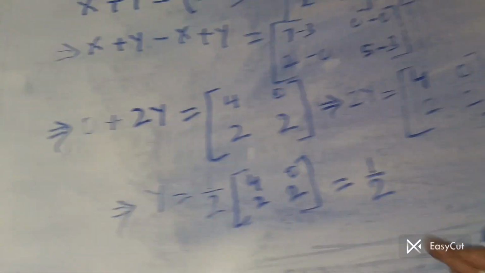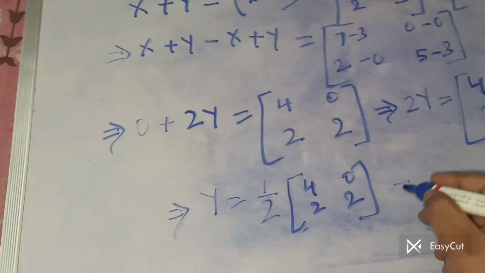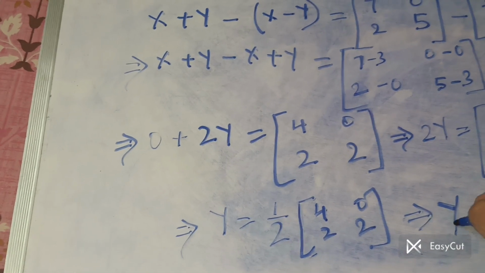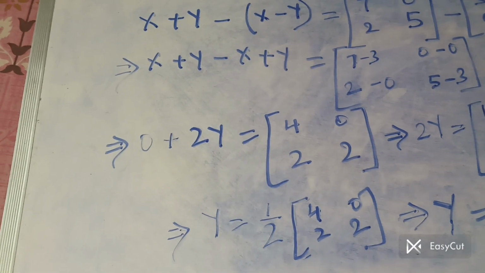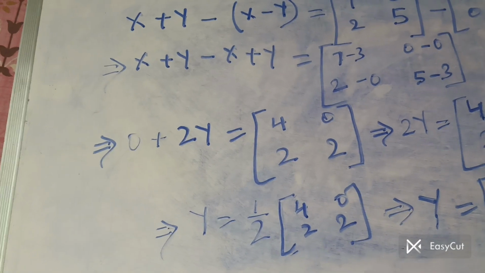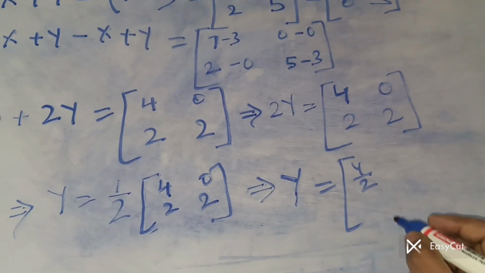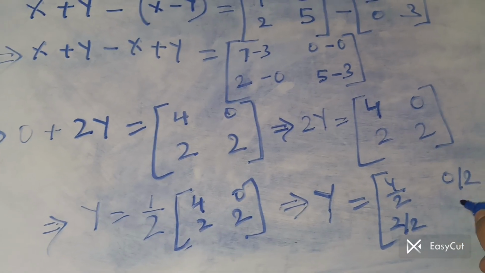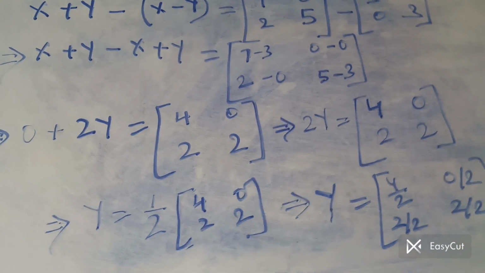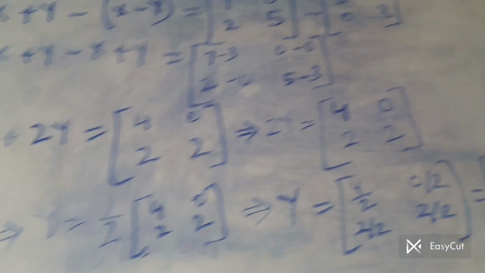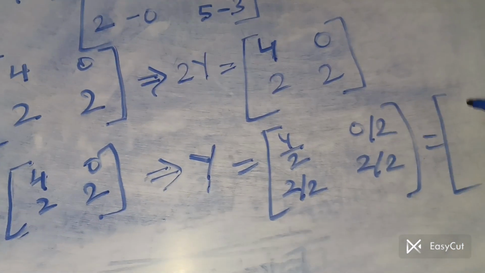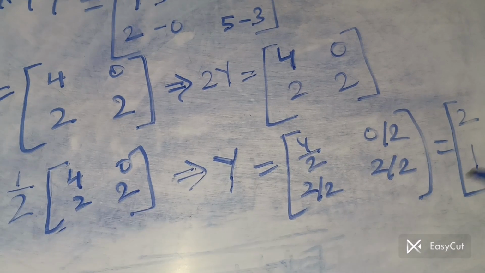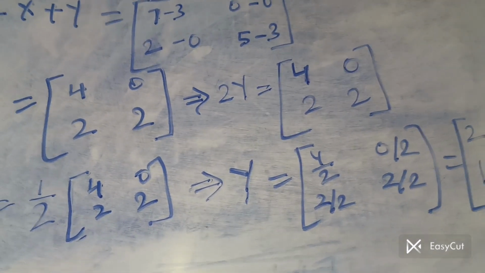So y equals 4 by 2, 0 by 2, 2 by 2 and 2 by 2. So our matrix y becomes 4 by 2 means 2, 0 by 2 means 0, 2 by 2 means 1 and 2 by 2 means again 1.